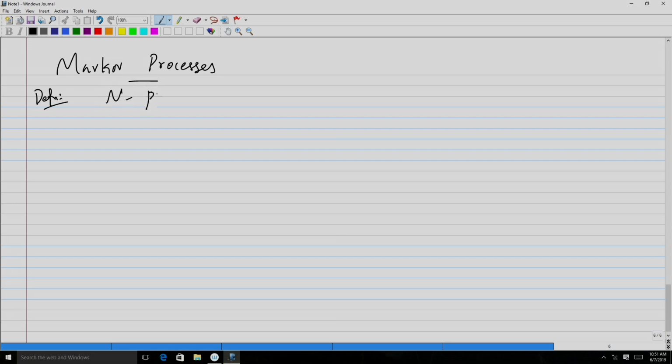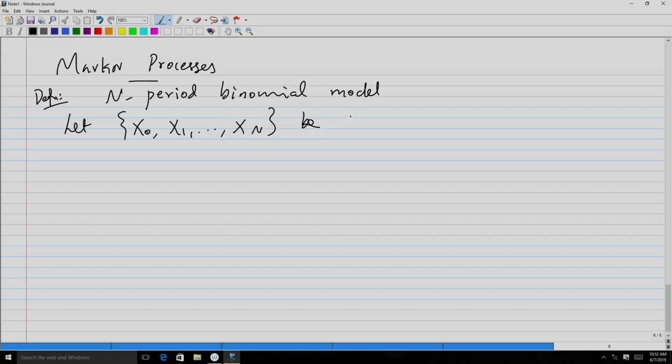We are restricting our attention to the binomial asset pricing model, but this definition is general. In an n period binomial model, consider a process x naught, x 1 and so on up to x n, which is an adapted process. Of course, you need the adapted process. Now, what is the definition?